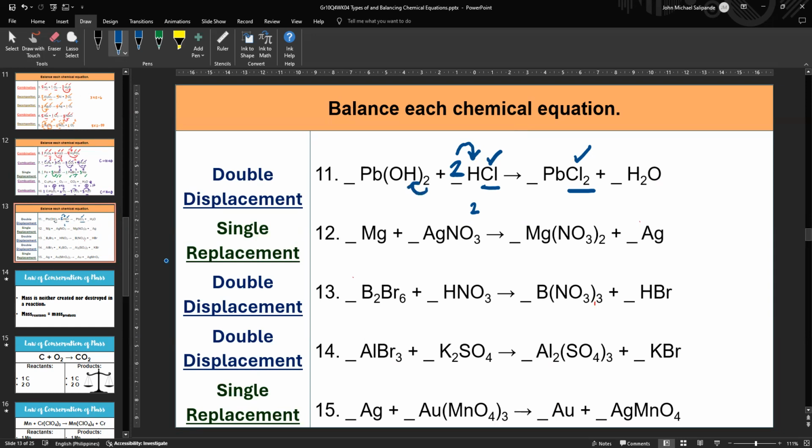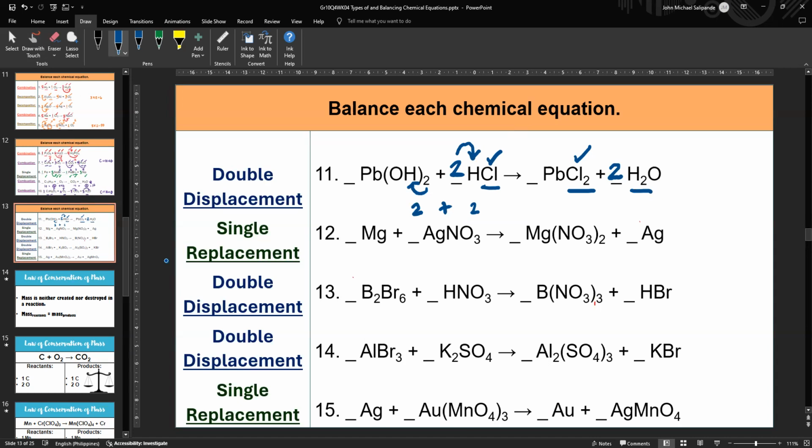So our subscript is 2 times 1 hydrogen atom. So we have 2 hydrogen atoms on PbOH2. So that leaves us with a total of 4 hydrogen atoms on the reactant side. And since we only have 2 hydrogen atoms on the product side, we have to multiply that by 2 as well.